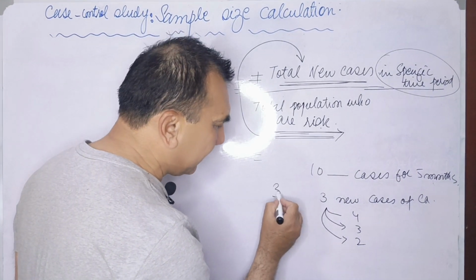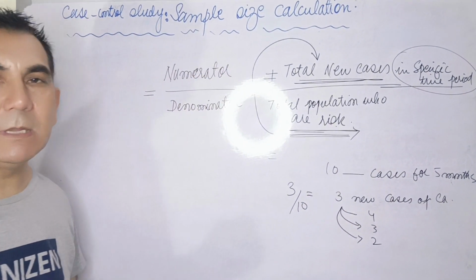So these 3 divided by 10 will be the incidence rate.